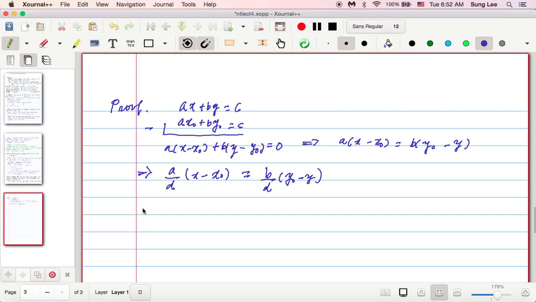This implies that since a over d divides the left-hand side, it must divide the right-hand side also.